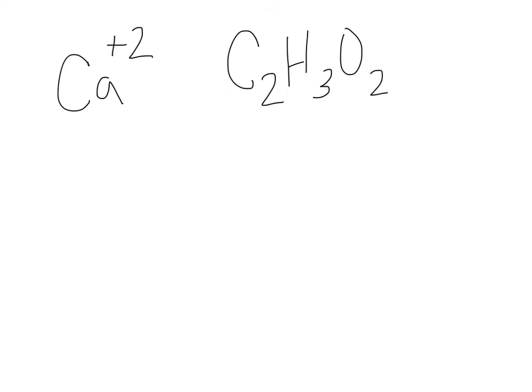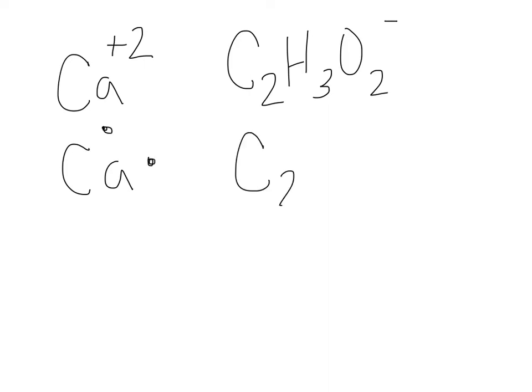A third option I can have is if I have something such as calcium. Calcium is in group 2, so it has a +2 charge. And if I react that with my acetate, my C2H3O2, that has a negative charge. Again, I write my calcium with its 2 electrons that want to donate.